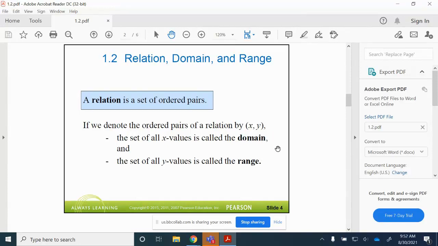Now, as far as an ordered pair is concerned, the X values represent your domain values. The Y values simply represent your range, right? So we have an XY ordered pair format.